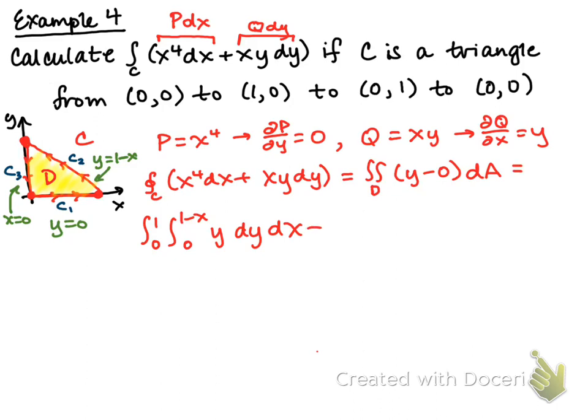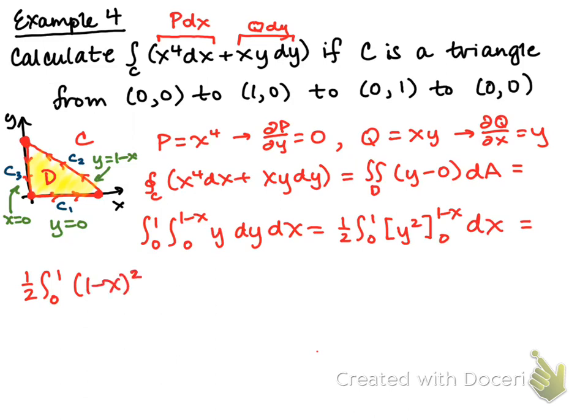Okay, so that's going to be 1/2 y squared from 0 to 1 minus x. And that's just going to give me 1/2 times 1 minus x squared. Okay, so remember, if you are doing a u sub, if this were your u, 1 minus x, you'd need a negative sign for your du.